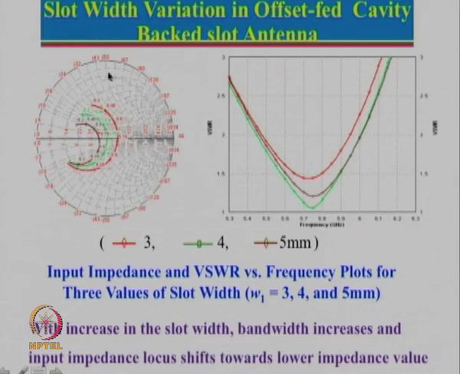However, if you see this curve here, let us just see here. So, this is 3 mm, this is 4. Compared to this 3, you see that this is the VSWR 2 line here. Compared to this here, we can see that the green has a wider bandwidth. However, for this here, you actually see that the bandwidth has not increased significantly.